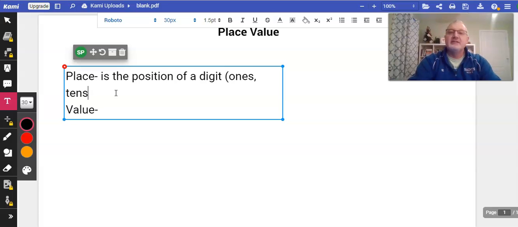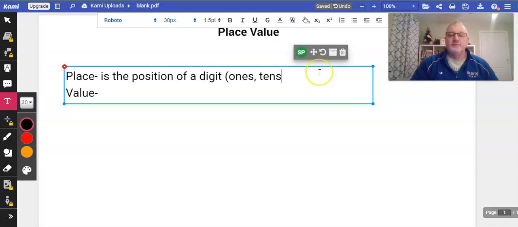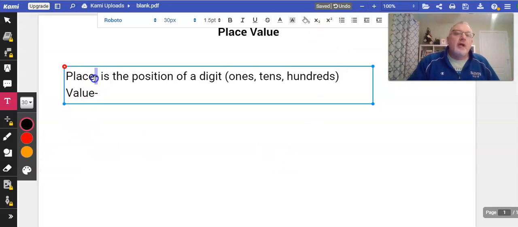Is it in the tens place? And so on. We'll add hundreds as well. A digit could be in any place: 10 thousands, 100 thousands, 10 millions, whatever. But place refers to the position that it is in.